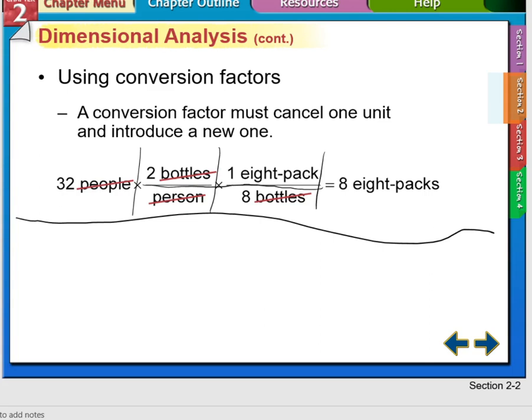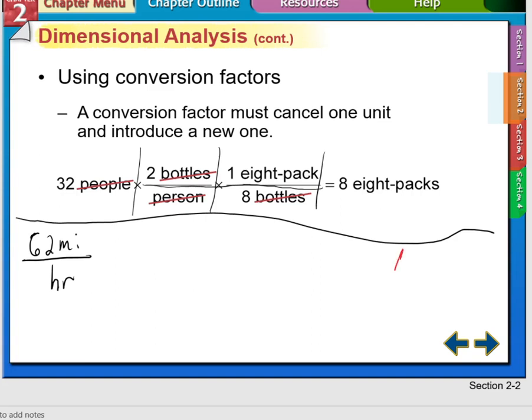So now let's try, say, 62 miles per hour. And we are going to convert it. We need a conversion factor. Suppose we want it in meters per second.